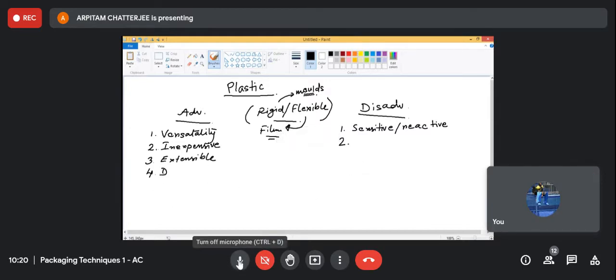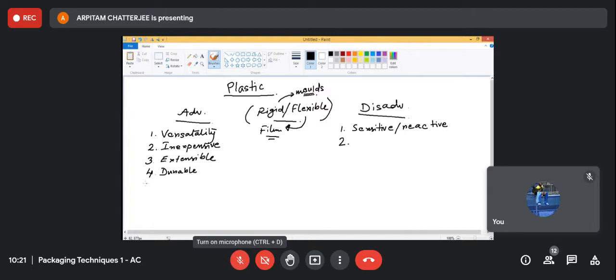Durable you can say, may not be for all types of plastic, but mostly if it is a hard plastic, then it is. Say for example, water bottles. You can keep water bottles for a very long time, but at the same time, you will see you have been asked not to use them for a very long time. Why?